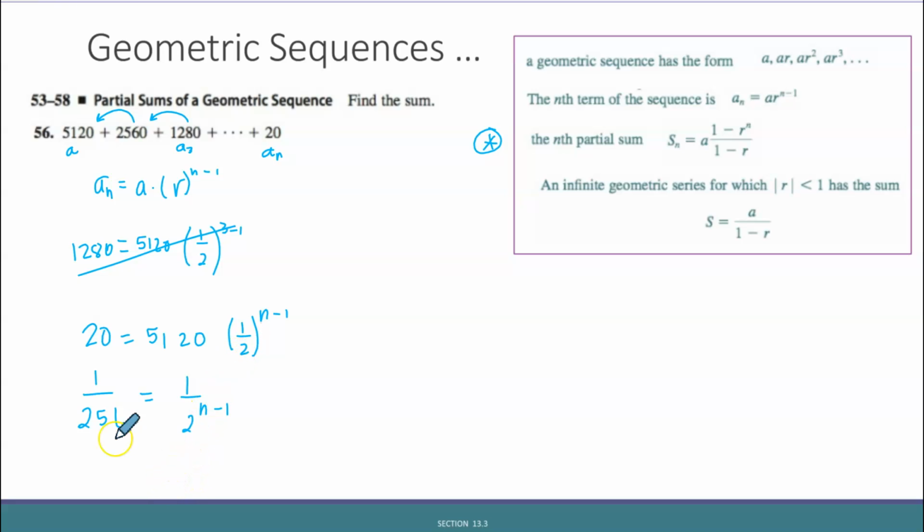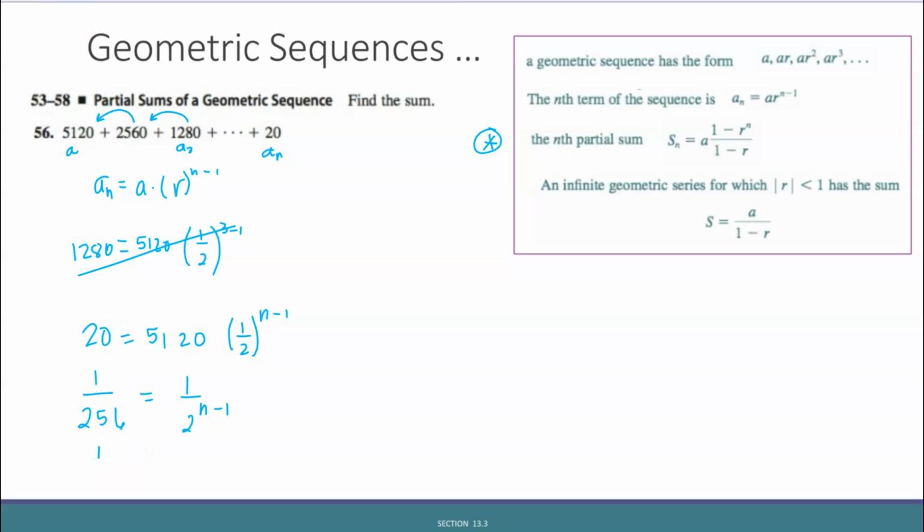Do I know what I can take 256 to? 2 to what power is 256? Let's experiment. 2 to the third is 8. 2 to the fifth is 32. 2 to the 7th is 128. 2 to the 8th is 256.